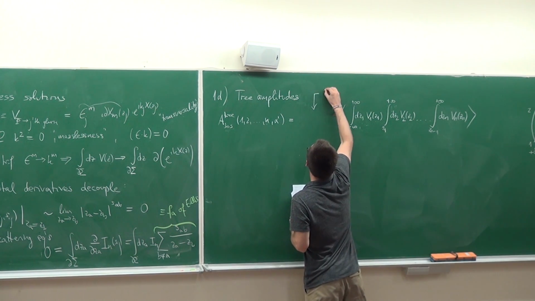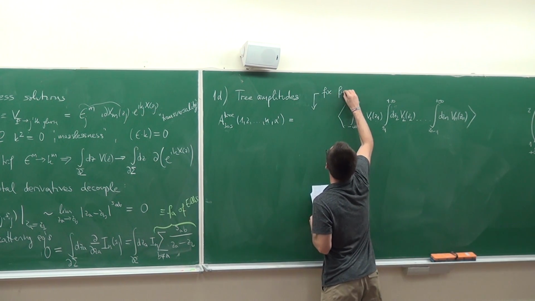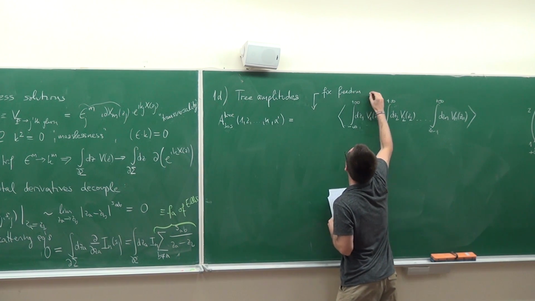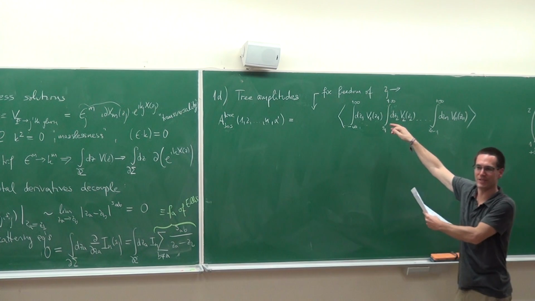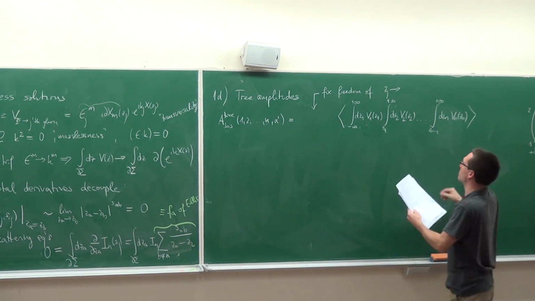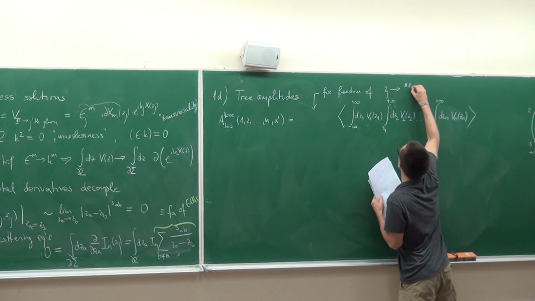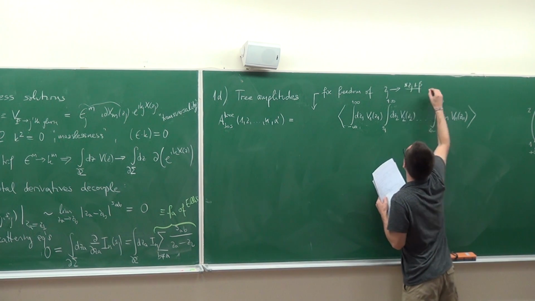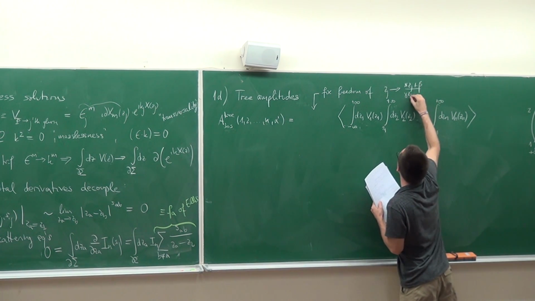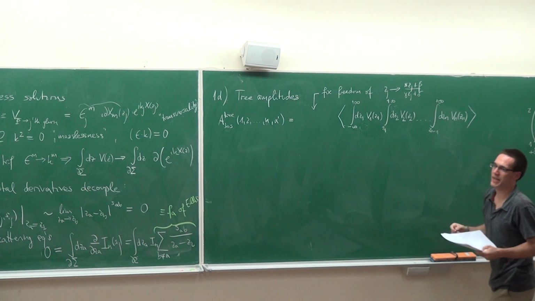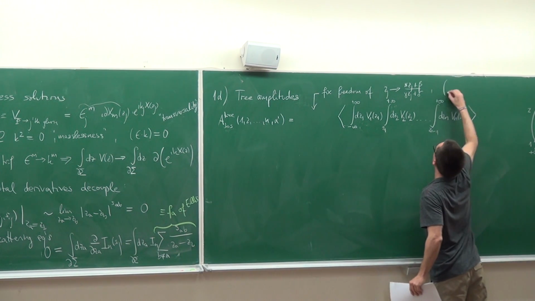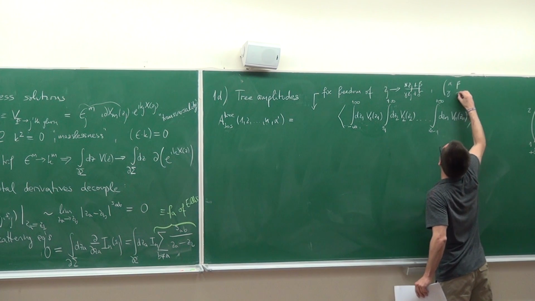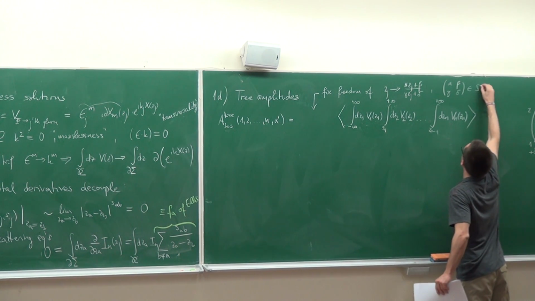We have to fix the freedom of performing conformal transformations of the integrands and punctures. And like in this lecture, the conformal transformations can be described by an SL2 matrix, alpha, beta, gamma, delta, which has a unit determinant.